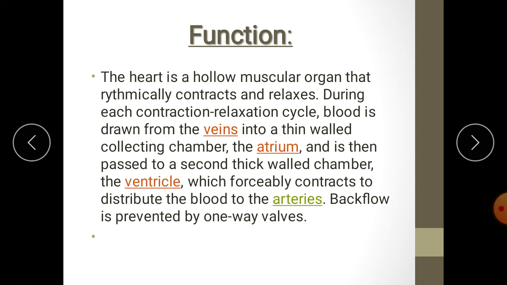But the heart has valves, and they prevent backflow of blood. Blood in the heart moves from the atrium to the ventricle, not from the ventricle to the atrium, because a valve is present between them: the bicuspid valve and the tricuspid valve. They prevent backflow of blood from the ventricle to the atrium.